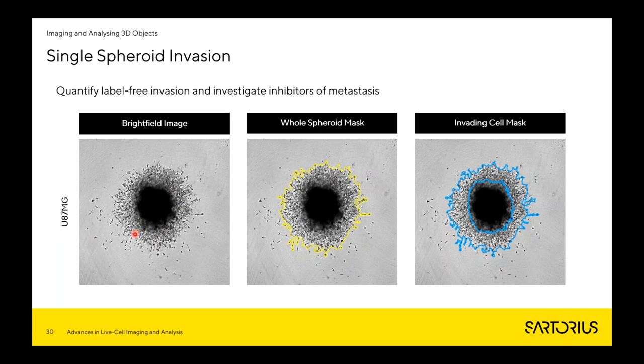We can see those filopodia coming out of that spheroid. We have our whole spheroid mask. This is capturing everything that's detectable in the bright field. And then we have our invading cell mask. Effectively, what we're doing is taking our whole spheroid mask and then subtracting away that central spheroid core, leaving us with just the invading cell mask.